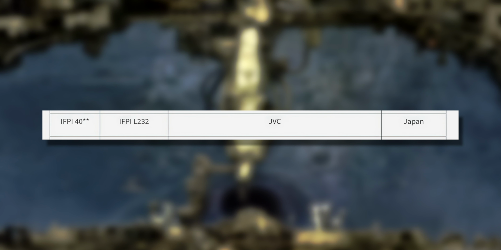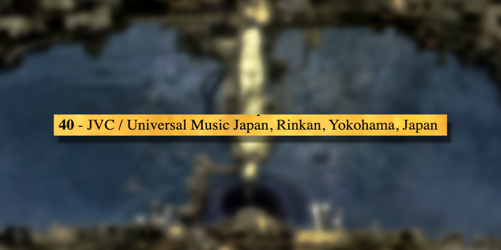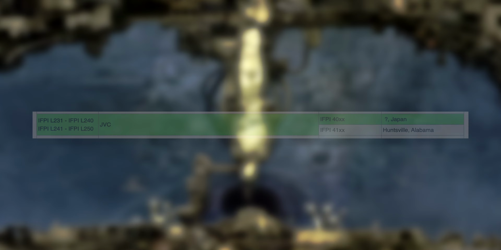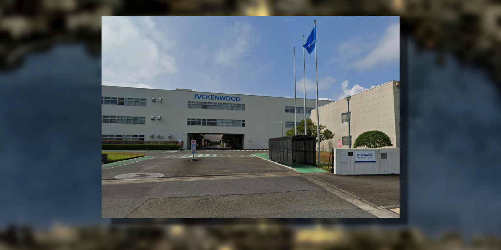I wanted to see if I could gather any information as to where these discs were pressed, and what I found was this. All I could use to track the plant is the mold SID code, which takes us to Japan, more specifically JVC, or Universal Music Japan, in Rinkan, Yokohama, Japan. Victor and JVC were two related brands of the same parent company, where in 2008 they merged into JVC Kenwood Corporation.